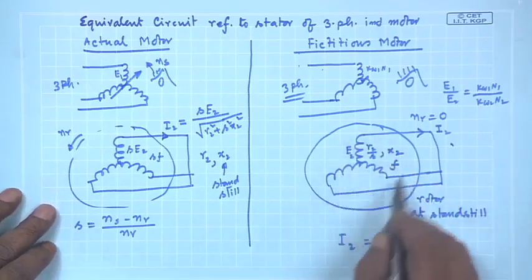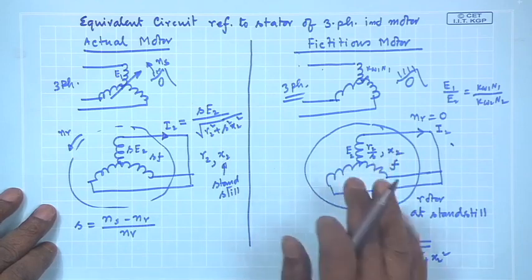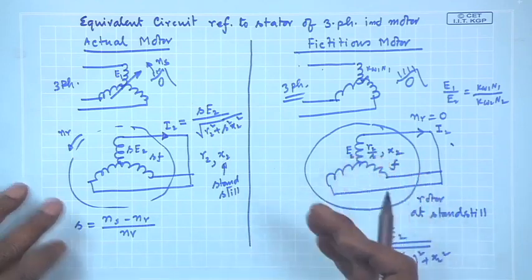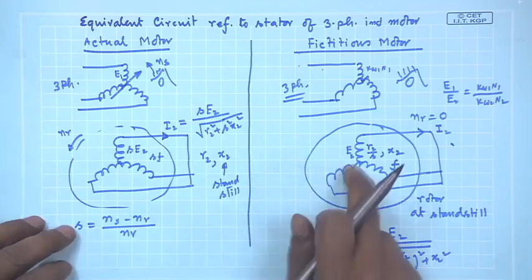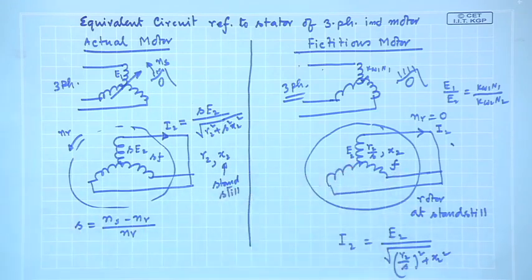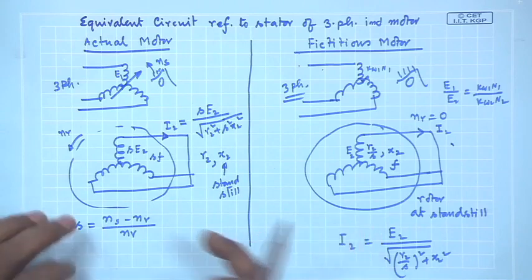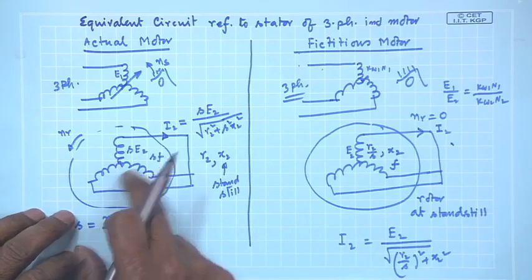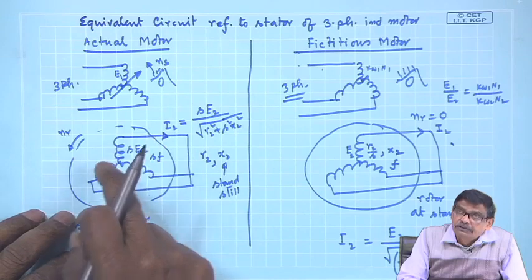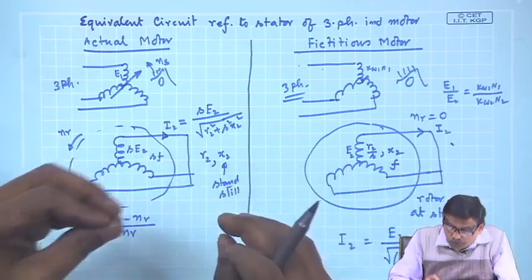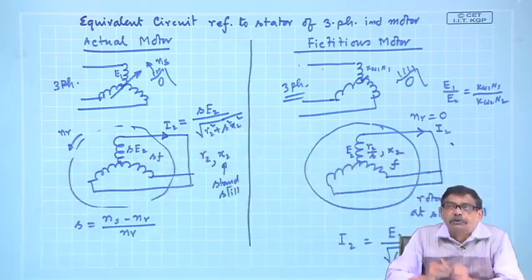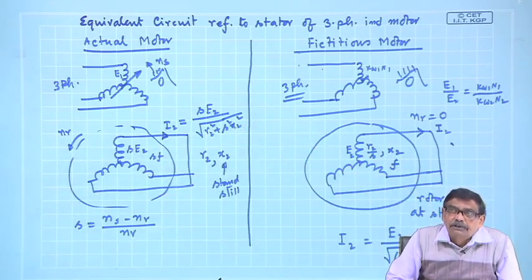Therefore, in this case for this motor standstill condition, I will say rotor copper loss is I 2 square R 2 by S, and that is certainly greater than I 2 square R 2. Why this discrepancy? Because for this machine I 2 square R 2 is the rotor copper loss, but there is also mechanical power. These two together must be your I 2 square R 2 by S. That is what I want to tell.